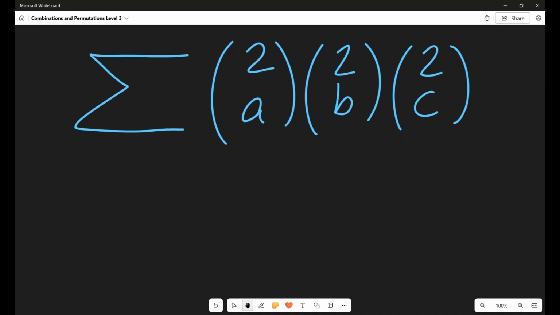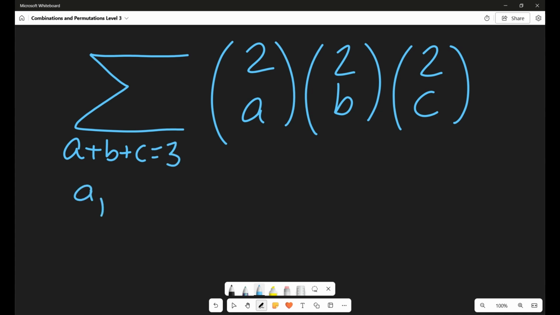You could take any number. I just wanted to use a smaller number so that it's easier to understand. And let our conditions be A plus B plus C equals 3, and A, B, and C are all integers from 0 to 2.